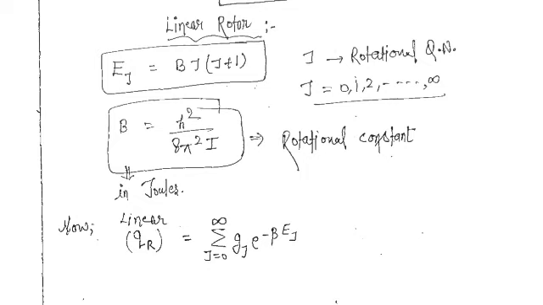This is the actual conversion of energy from joules into centimeter inverse. Or, if you do not want to take 10 to the power 2, then you have to put the value of c in centimeter per second.